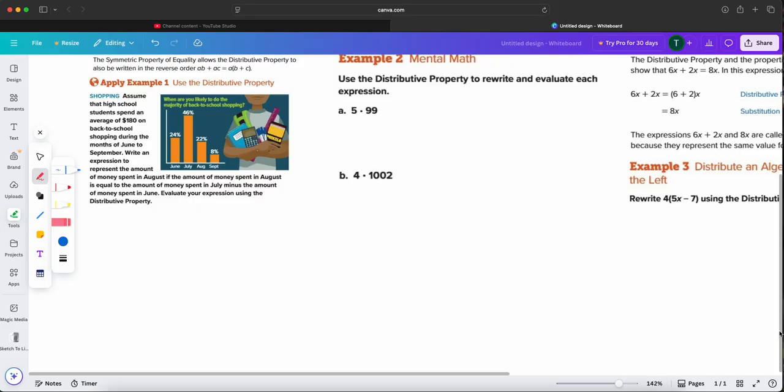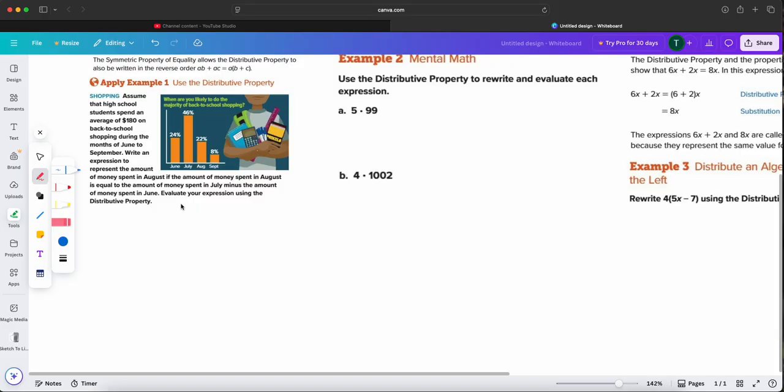So since they give us percents, to figure out the amount of money spent, you would take the total, which was 180, times the percents. Now in this case, they want us to take July minus June. Now in order to multiply by these percents, we want to turn these percents into decimals. So we got June and July that we're dealing with.